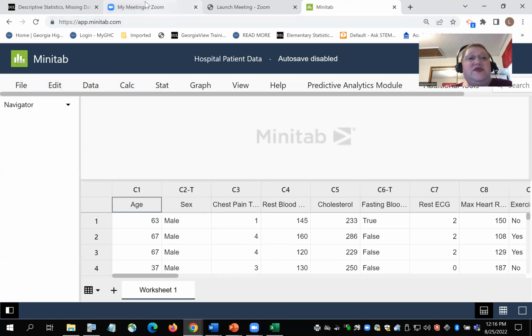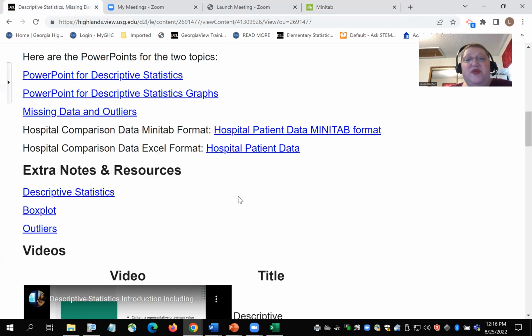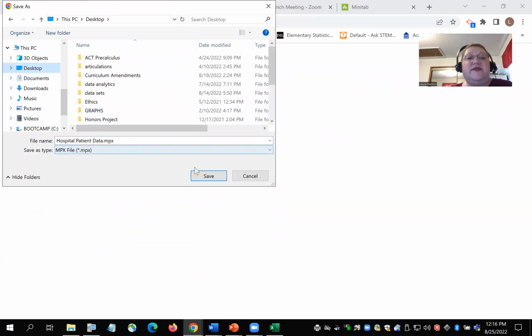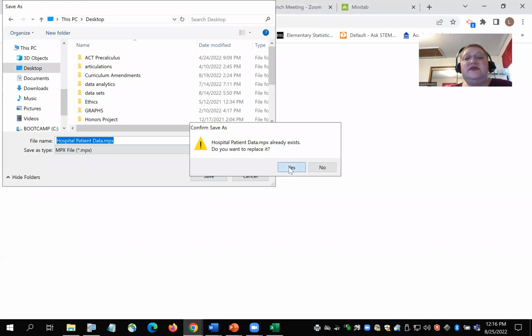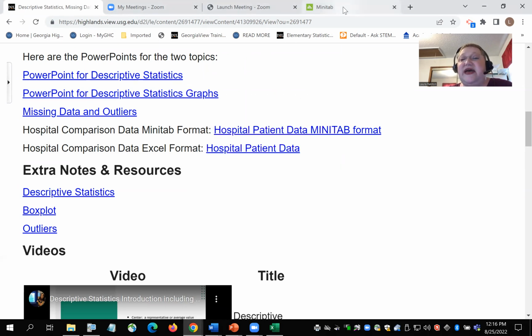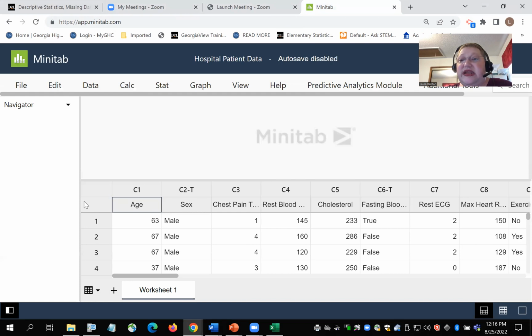But I agree with you, it's not going to open if you try to open it on your desktop. It's going to give you that error. If I save it on my desktop, it gives me the error. I do not care. Just ignore the error. Go out to MINITAB and pull it in.